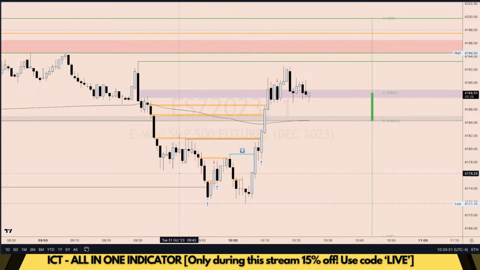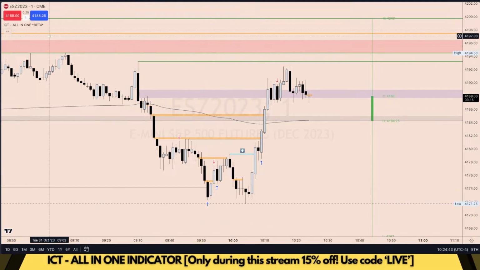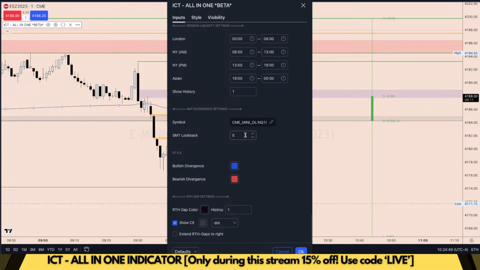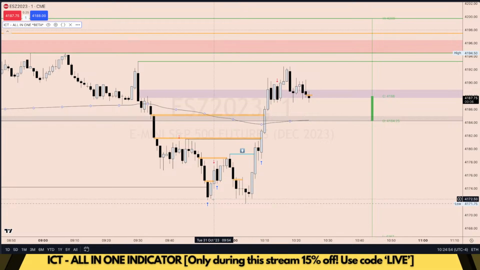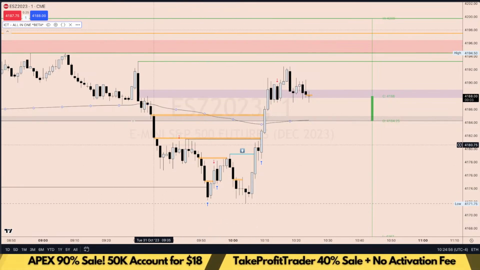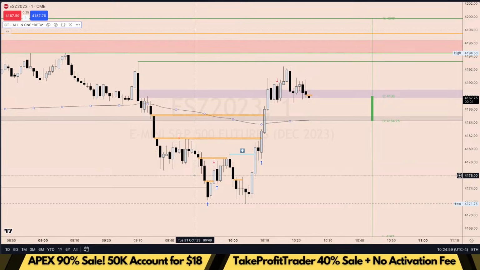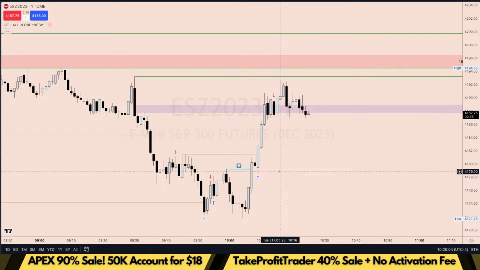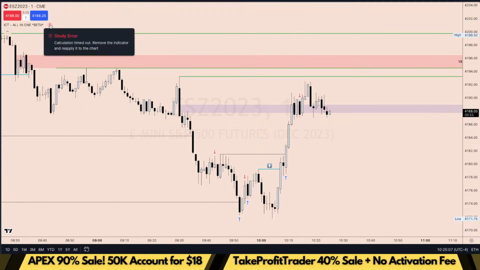No, what's happening with my chart? So I think we have to only look at more important SMTs. So if we have 20 candles in between them, then we should be able to see it. Well, what's happening?